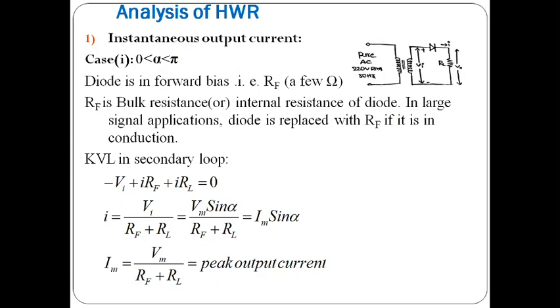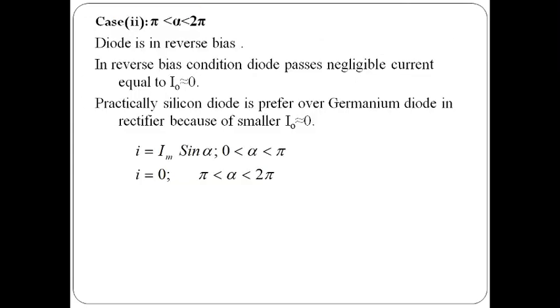In the second case, during the time period pi to 2 pi, the diode is reverse biased. In reverse bias it is open circuited. Only a negligible current, the minority charge carrier current, flows in reverse bias. It is very small, so we neglect it and consider it as 0.